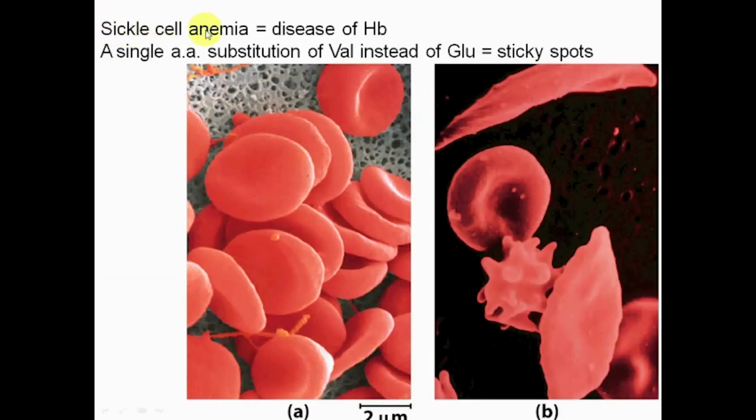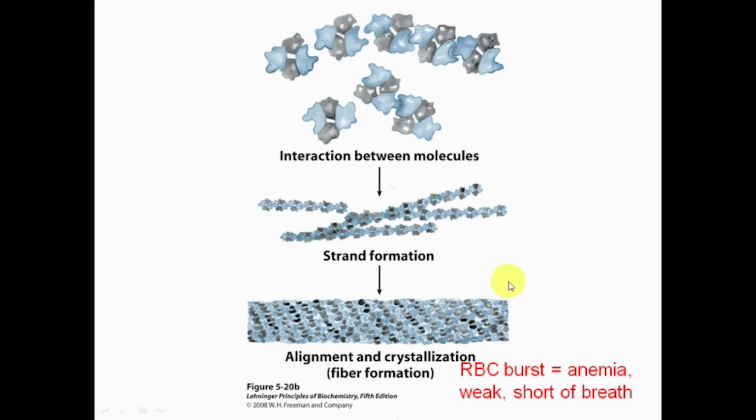Okay, here's sickle cell anemia. This is a picture of it. It's a disease of the hemoglobin, and it results from a single amino acid substitution of val instead of glu, and that results in sticky spots. So we'll see interaction between hemoglobin molecules.